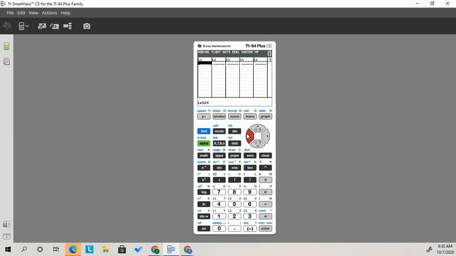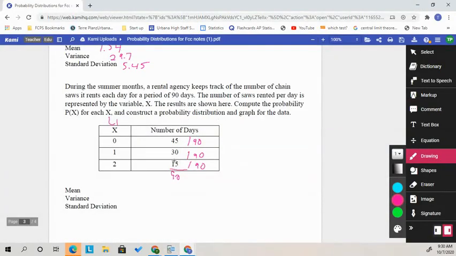So our X's are just 0, 1, and 2. And then our list 2, the number of days on that, was 45, 30, and 15. And then I'm going to have to divide by 90.